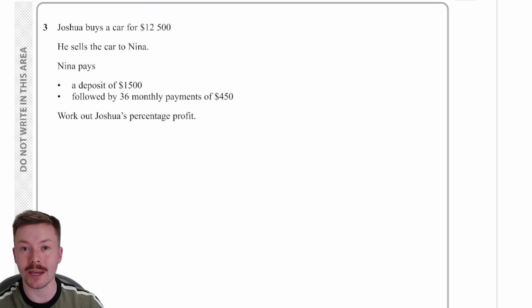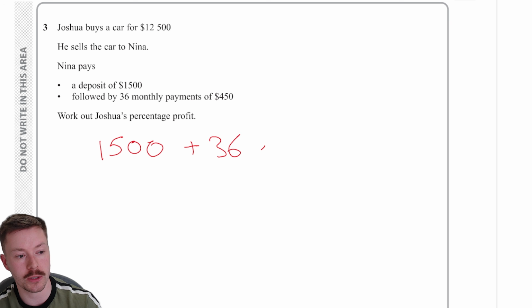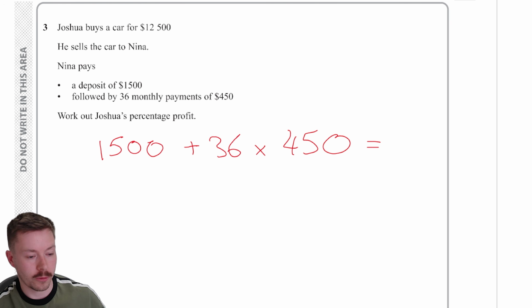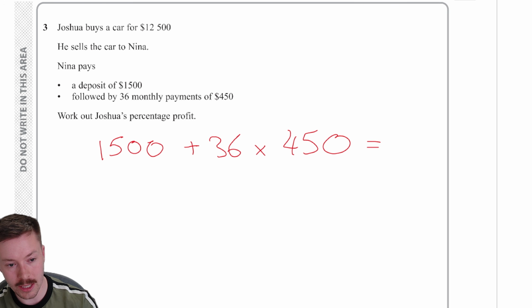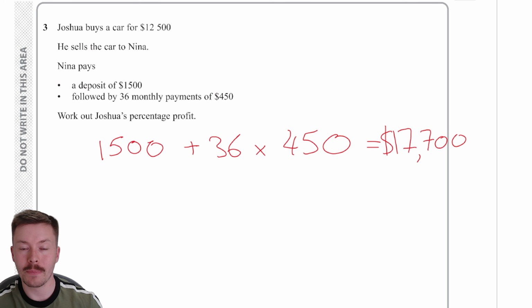Now, first thing we need to do here is work out the total that Nina is paying. So she is going to pay $1,500 plus 36 times 450. Now if we put that into our calculator, 36 times 450, we get $17,700.